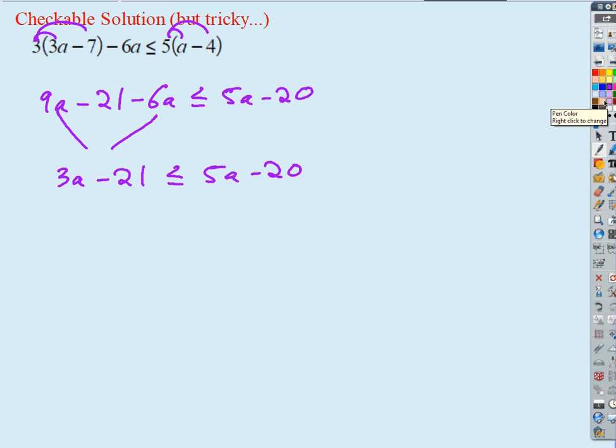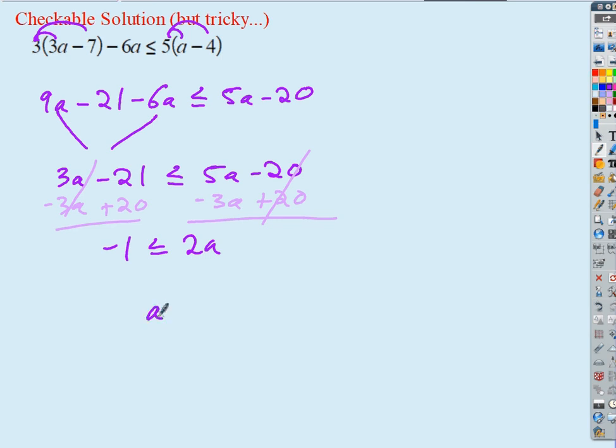To the right, good. So we'll subtract 3a from both sides, which means I'm going to add 20 to both sides. And that gives me negative 1 is less than or equal to 2a. So divide by 2, and I get negative 1/2 is less than or equal to a.